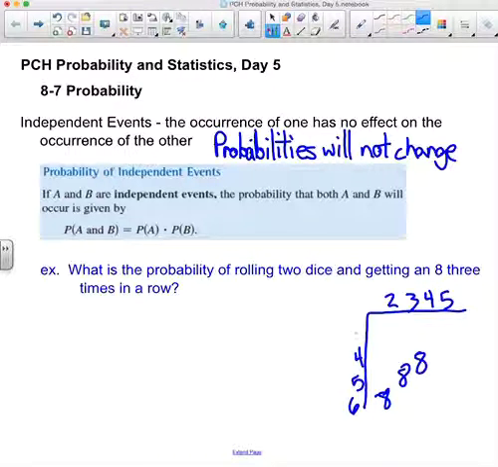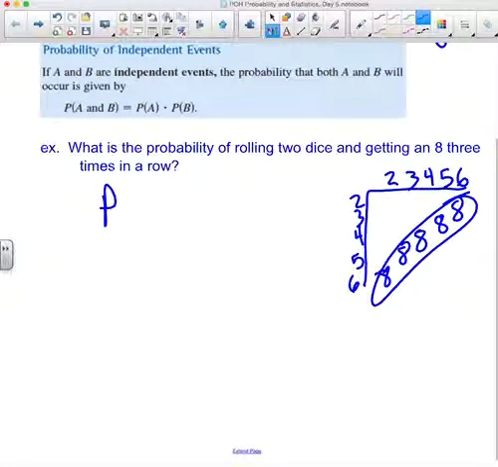A 5 and a 3 gives us an 8. And a 6 and a 2 gives us an 8. All right? So those 5 out of 36 would be the probability of rolling an 8.